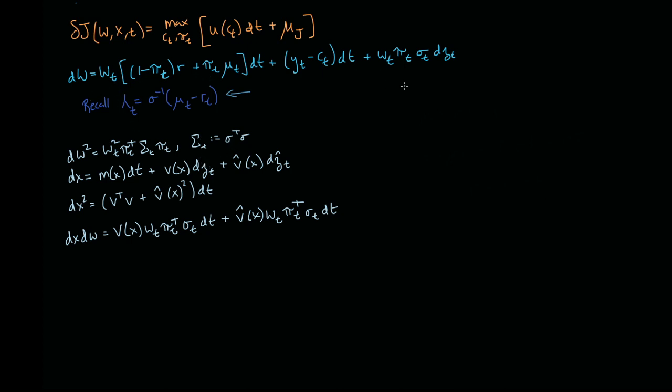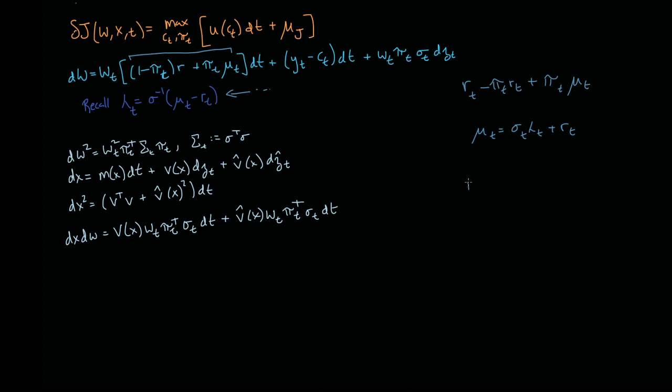the wealth equation. So if we expand out this term in the middle here, we'd factor through that r_t. So we get r_t minus pi_t r_t plus pi_t mu_t. And then from our price of risk equation, we can rearrange that to get an equation for mu_t is equal to sigma_t lambda_t plus r_t.